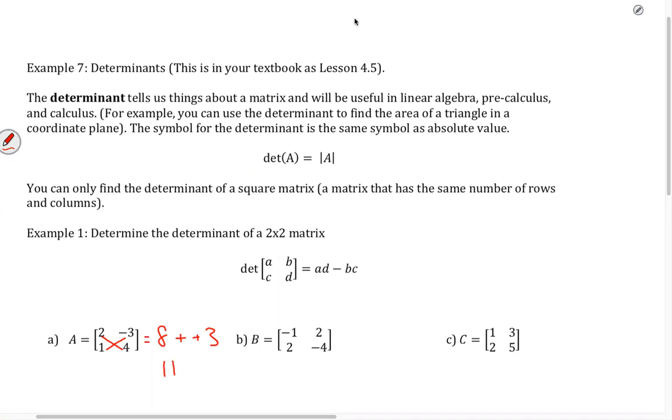So why don't you guys quickly find B and C, the determinants?